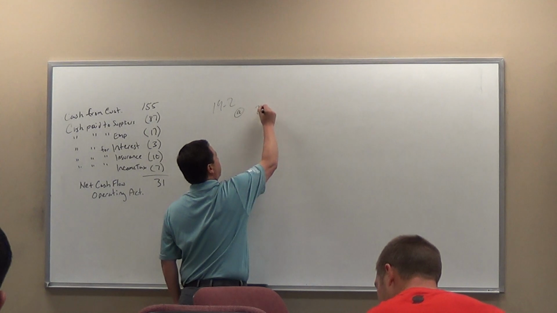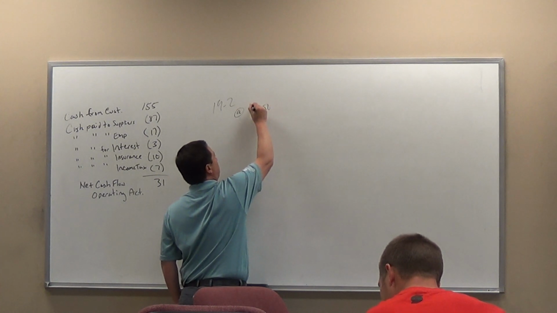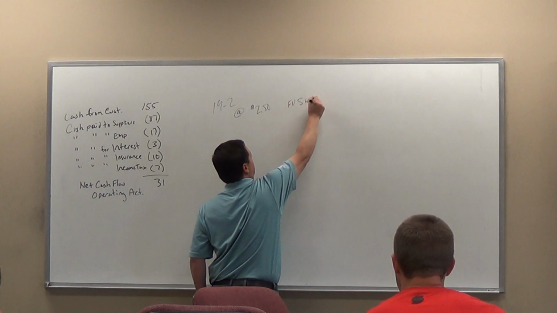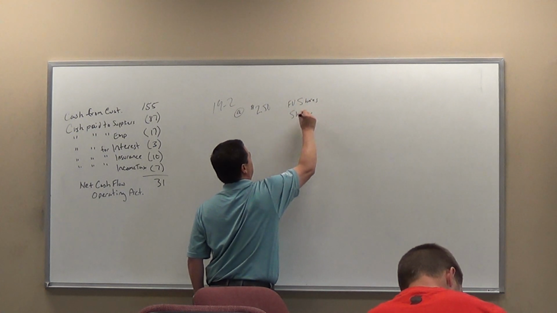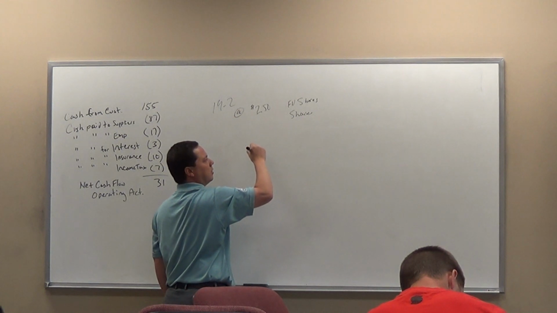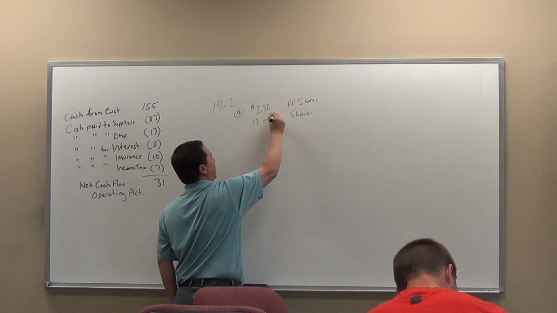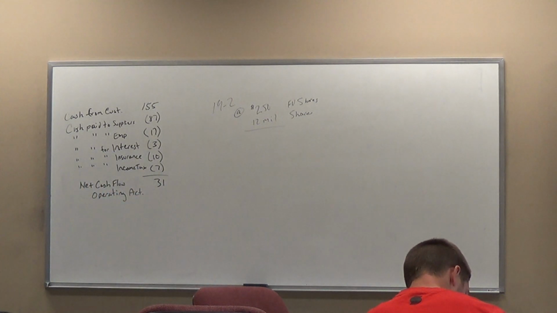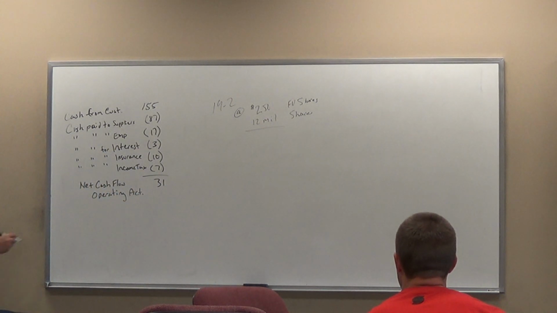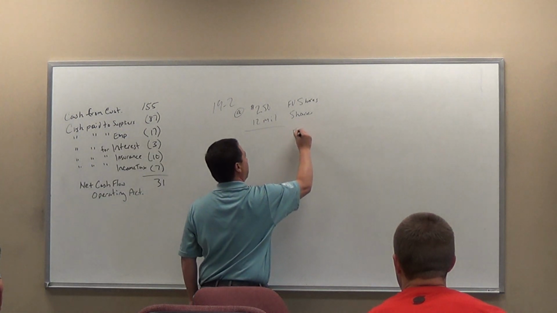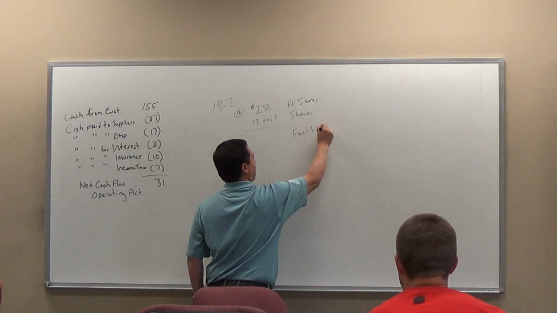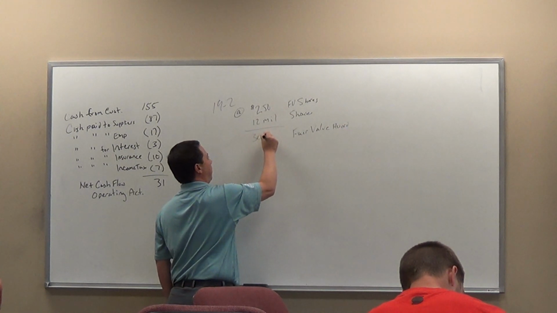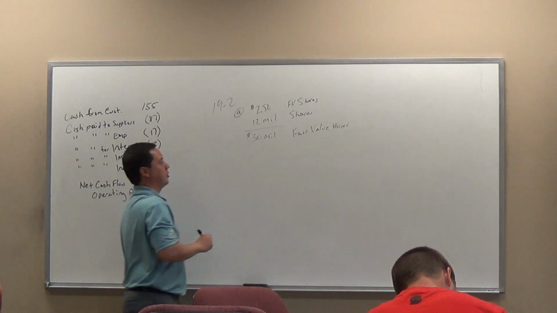So our fair value is $2.50. That's our fair value for the shares. How many shares do we have? 12 million. What does that come out to be? We got 30. 30 you said? All right, so 30 million.